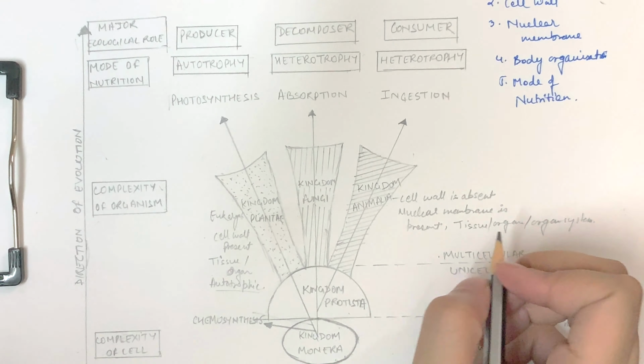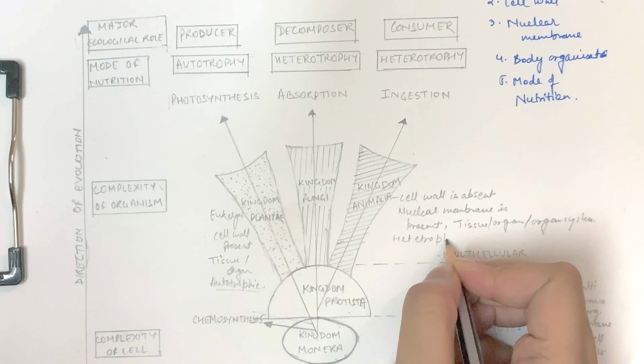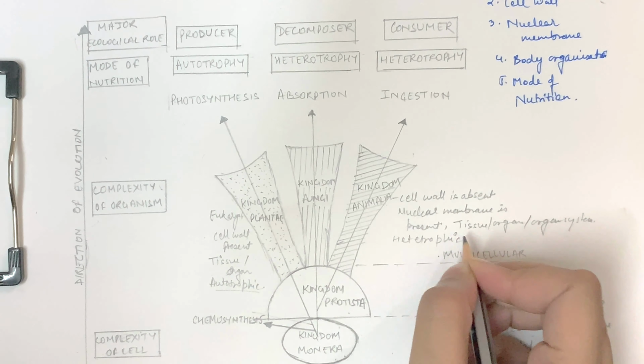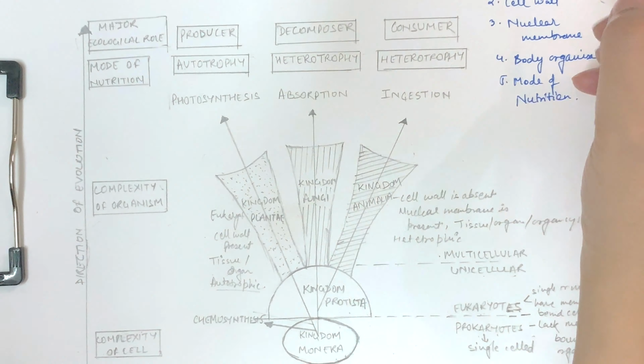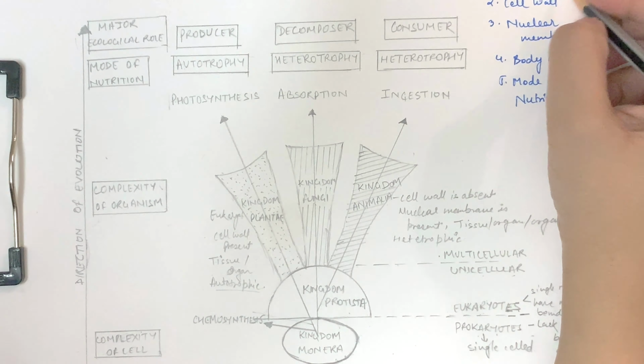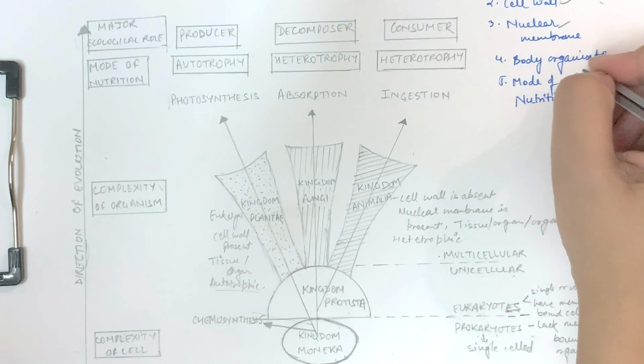Okay, and they are heterotrophic. So they cannot prepare their own food, and they are completely dependent on some other organisms for their food. So this is the entire characteristics of the five kingdom classification. Okay, so we can discuss cell type, we can discuss cell wall, nuclear membrane, body organization, and mode of nutrition.